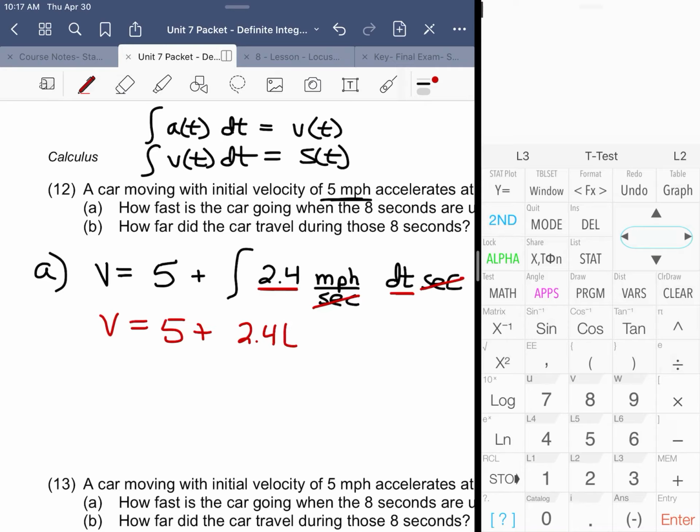So the 2.4 dt is going to become 2.4 t. Antiderivative of 2.4 with respect to time is 2.4 t.